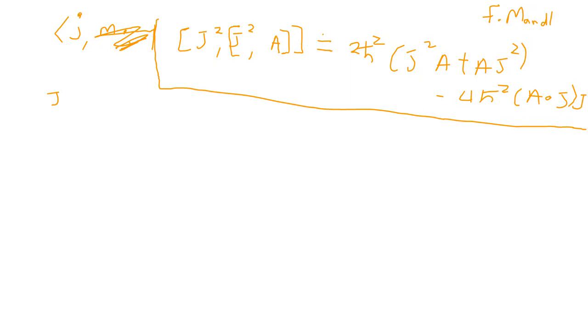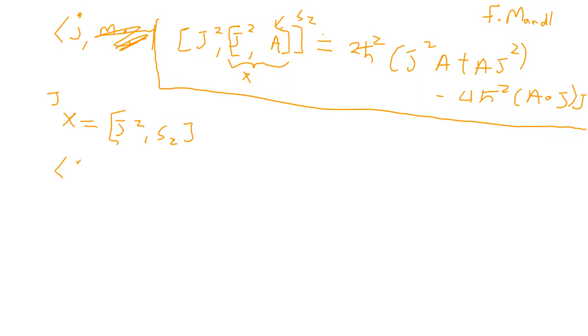So if you take A to be Z, and let's define this thing here, and let me just call that X. X will just be J squared as Z.